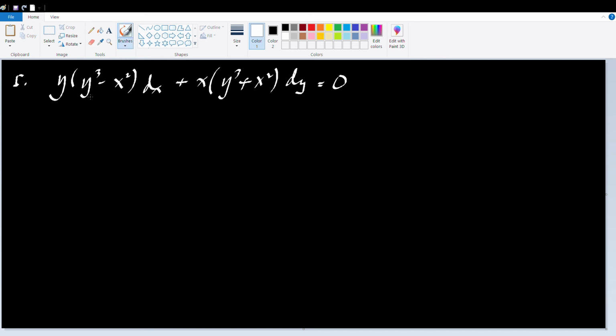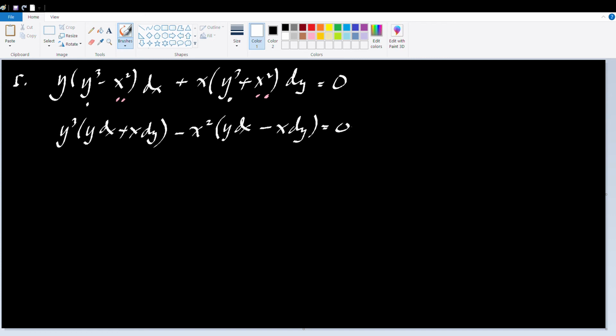So again, we factor y cubed. We'll be getting y dx plus x dy. And then in here, I shall be factoring negative x squared. So that will be y dx minus x dy equal to 0.